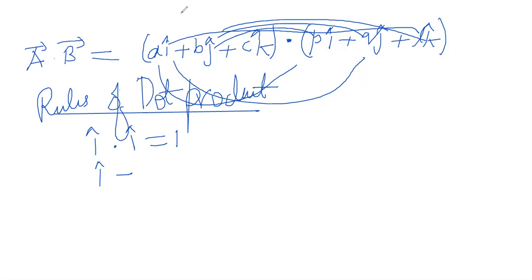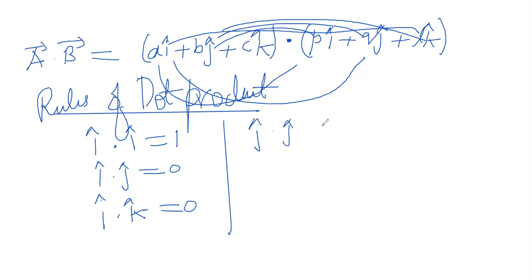Same I cap with J or K, if it undergoes a dot product, nothing survives. It becomes 0. Similar applies for J also. J with J exists, it is 1. But J with K, what is the answer? 0.